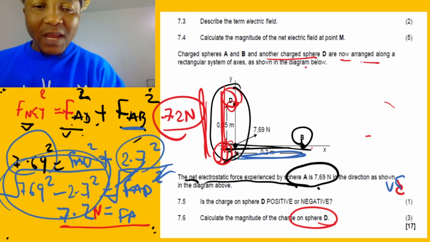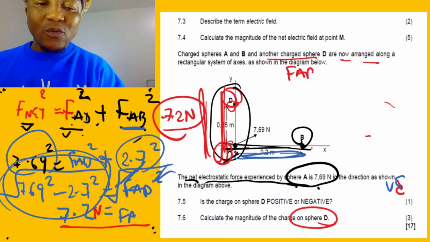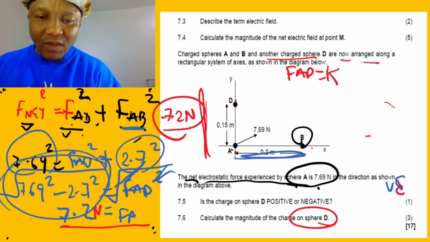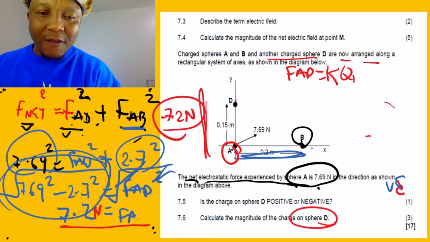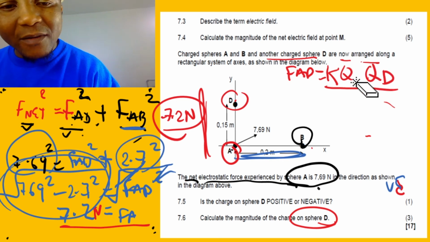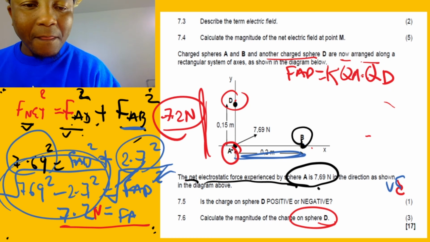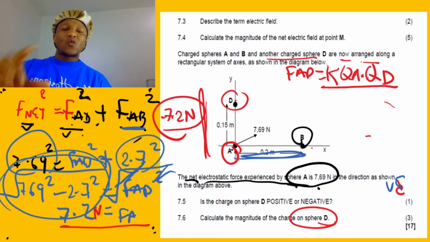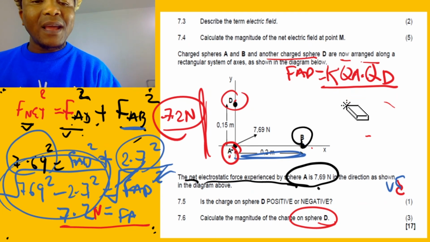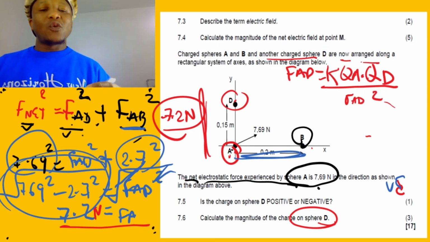Look, the electrostatic force of AD, which I just obtained, equals the electrostatic constant times charge of A times charge of D over the square of the distance. What is the distance of AD? It's the distance AD squared.